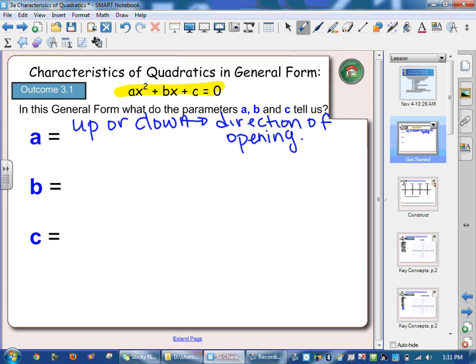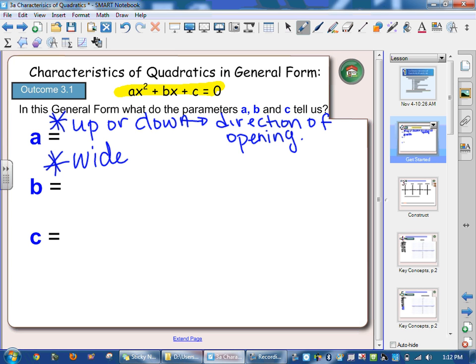A also tells us one more thing. It's got two jobs. It tells us up or down, and it also tells us how narrow or wide it is. So it tells us whether we have a vertical stretch or a vertical compression.